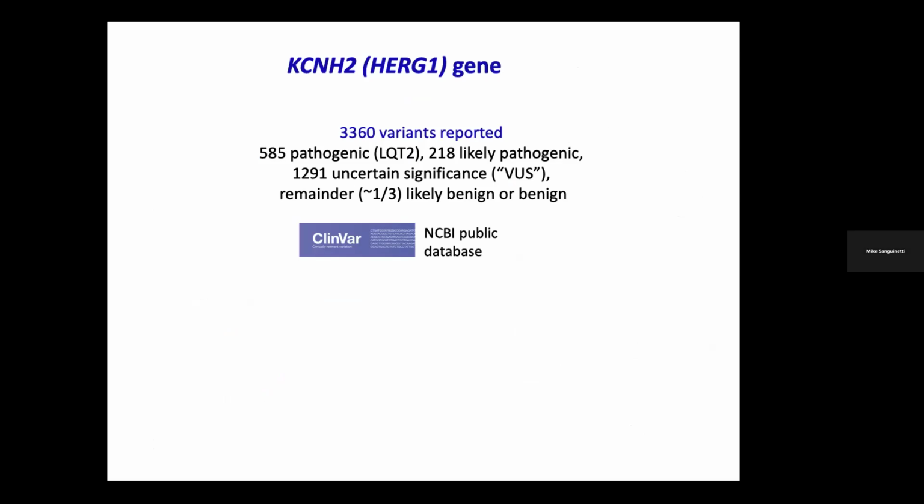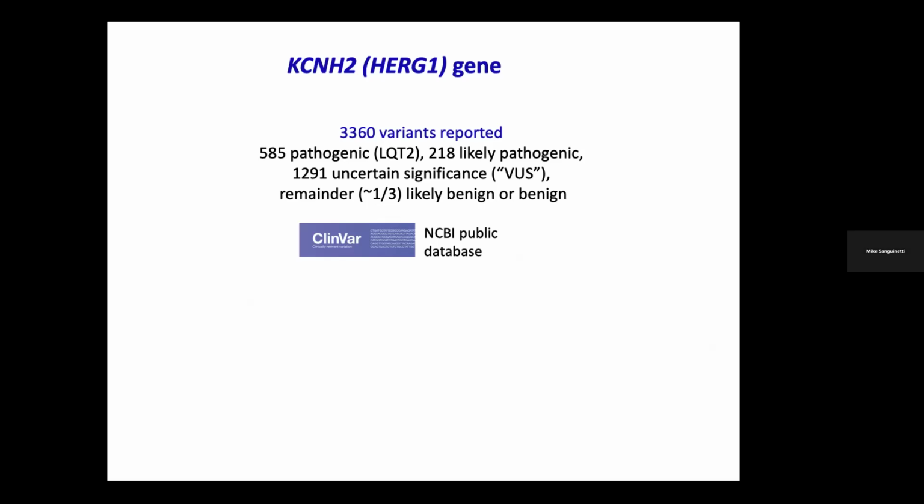There are many, many variants in the KCNH2 gene that have now been described. These are all in the ClinVar NCBI public database, where whenever a variant is found, it gets put in. Not all of them are pathogenic, but almost 600 are pathogenic.